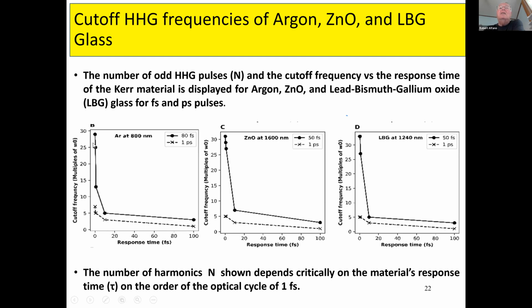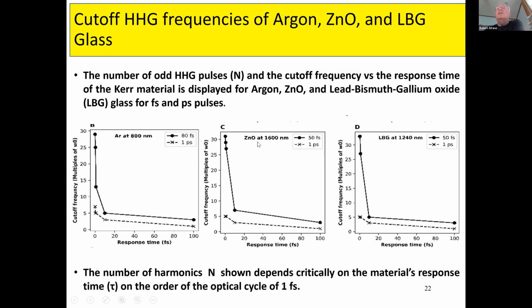So you see the number of odd harmonics up to 31 or 29 here goes down significantly to about 5 for something on the order of 10 femtoseconds. So 10 femtoseconds in argon for a 90 femtosecond pulse or 1 picosecond pulse depends critically on the response time that you get from the theory. And the response time of the medium is critical for generating odd harmonics.